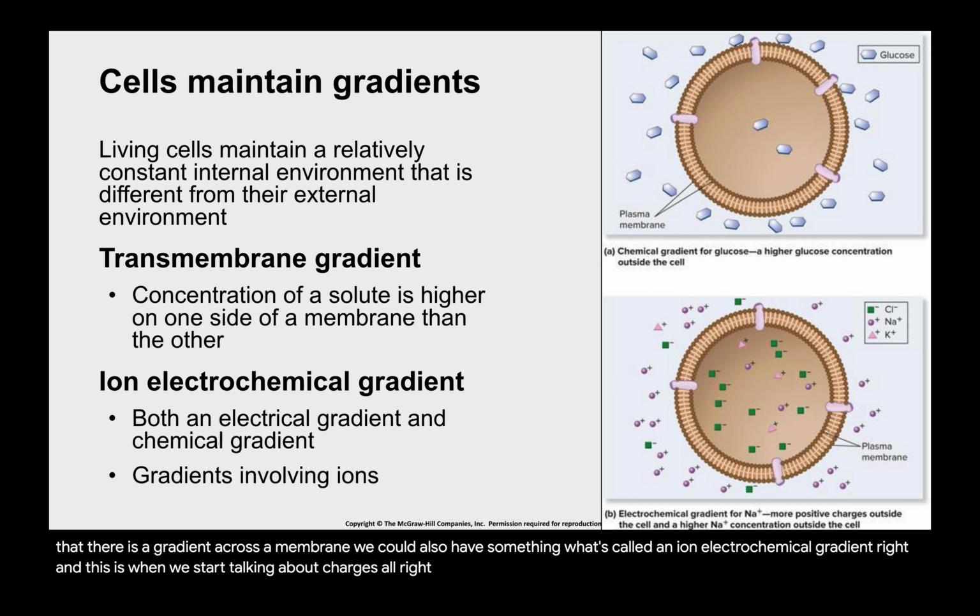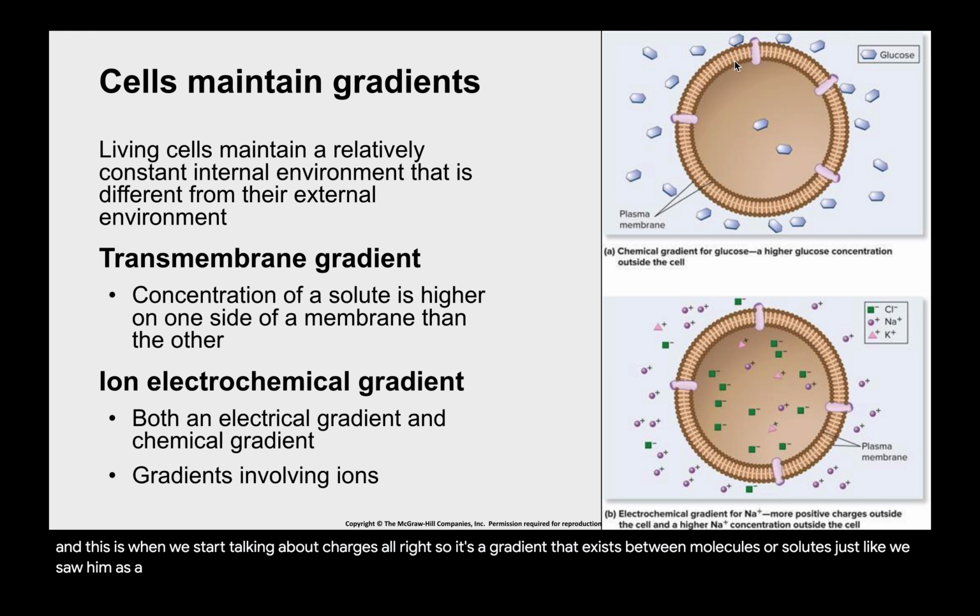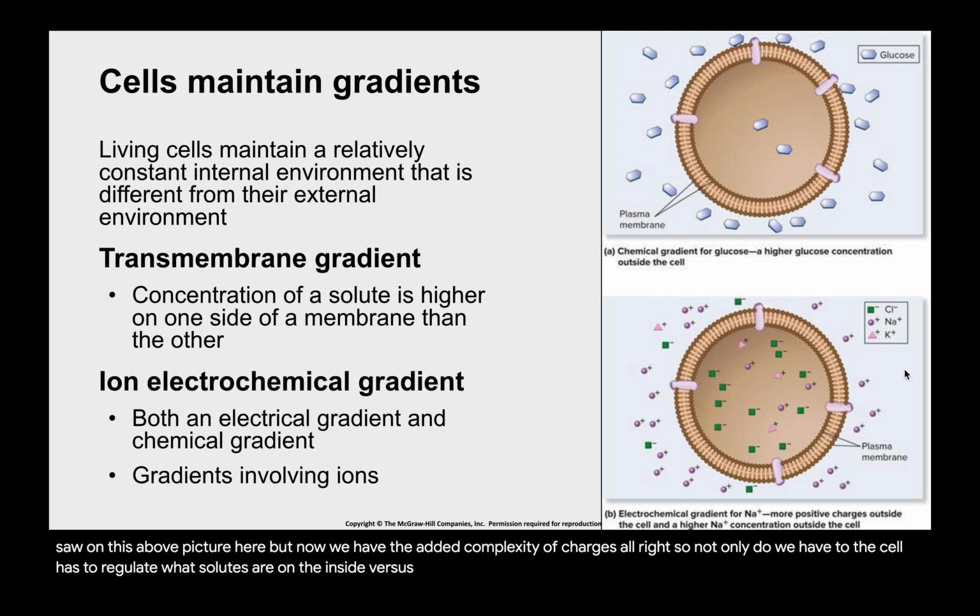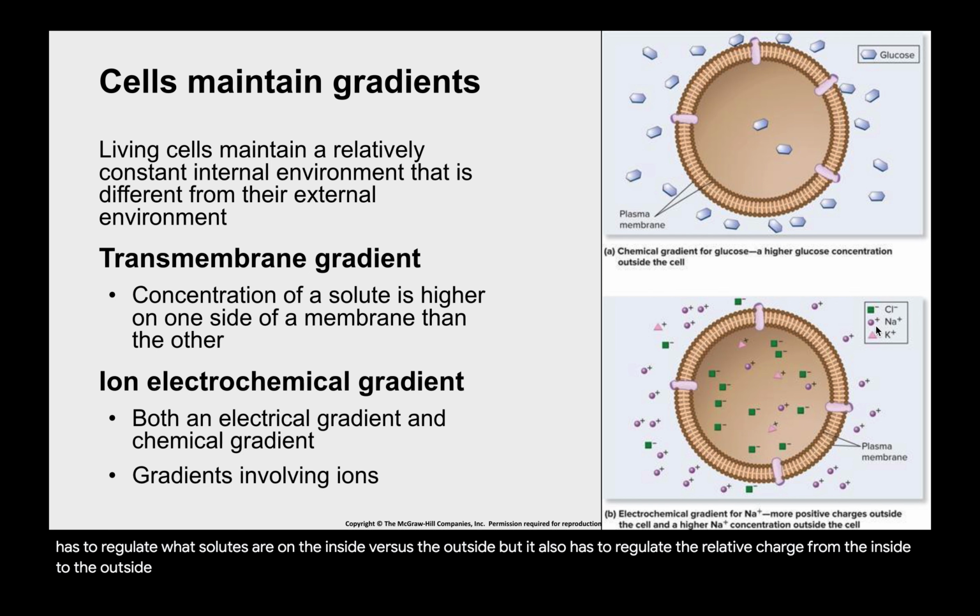So it's a gradient that exists between molecules or solutes, just like we saw in the above picture, but now we have the added complexity of charges. Not only does the cell have to regulate what solutes are on the inside versus the outside, but it also has to regulate the relative charge from the inside to the outside. So it's a gradient involving ions.